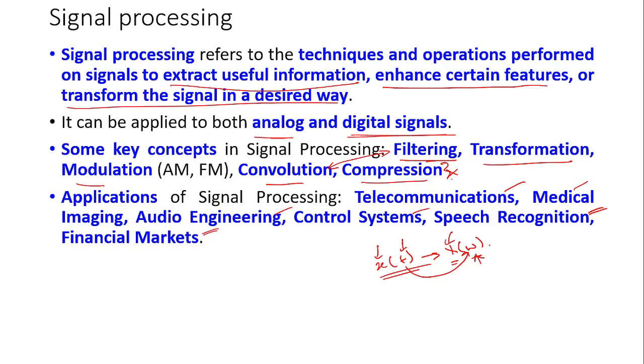On the other hand, it is increasing. So this is also a signal, because over there the dependent variable is the price, and the independent variable again is time. So in all these areas, signal processing techniques can be used to get proper results.